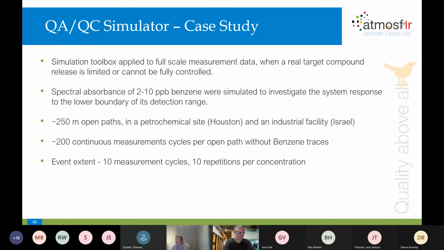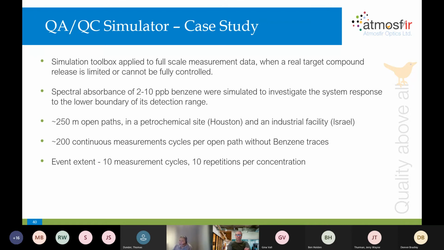I took the data and overlaid a NIST reference spectrum on the spectra that I measured in the field, and then tried to see if I could see it with my analysis. We did it in two cases: one around a 250 meter open path measurement in Houston, humid, and in Israel, desert.